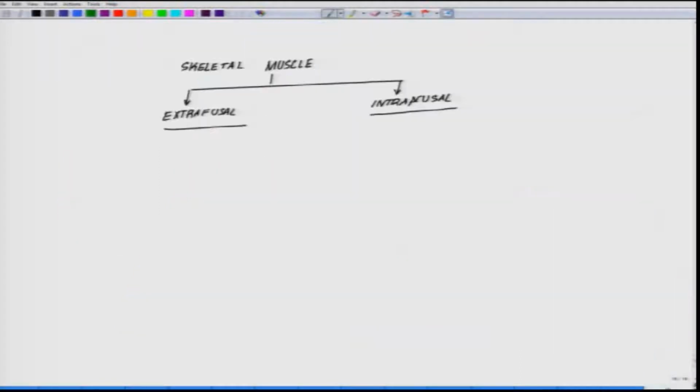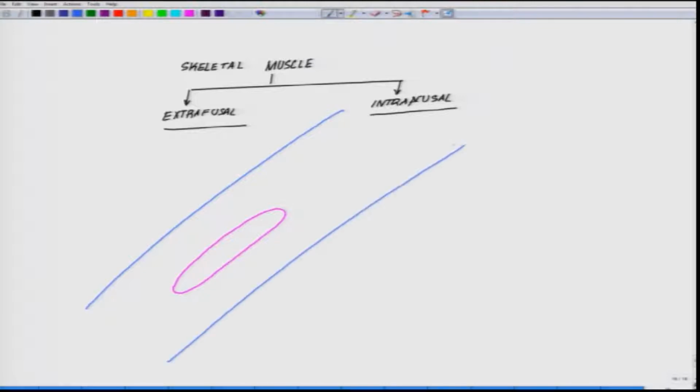So, if this is your muscle spindle, which we are representing as pink, and this is the extrafusal muscle, and the sensory neuron wrapping is shown in red on the muscle spindle, this is the sensory neuron which is carrying the signal to the spinal cord.